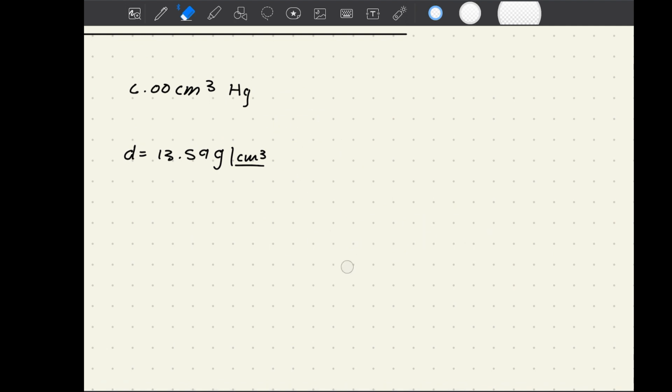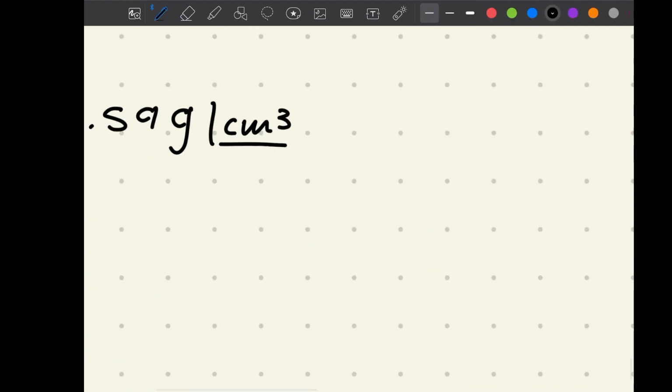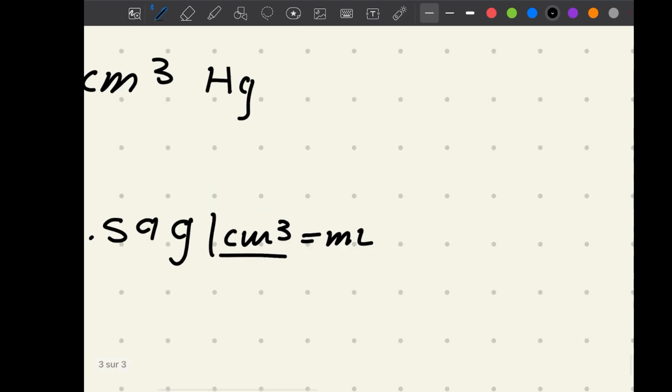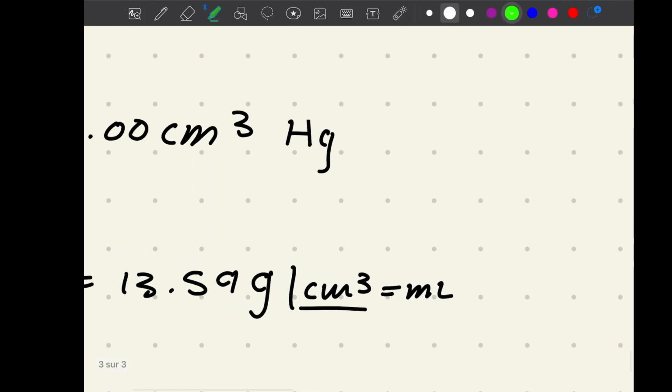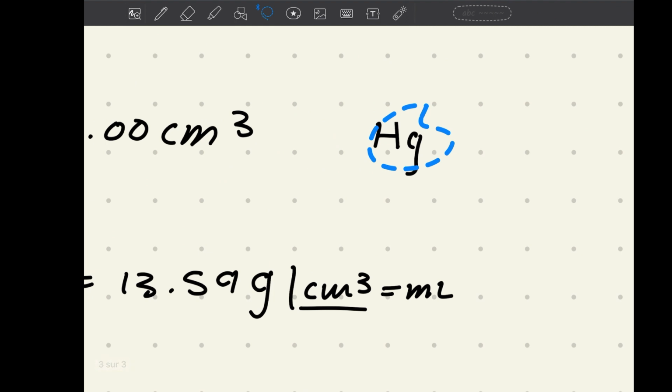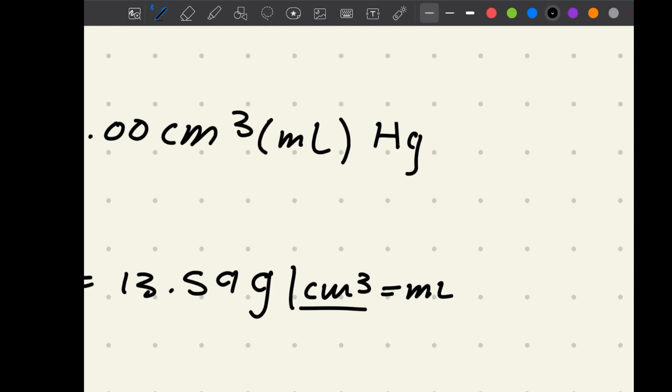So saying centimeters cubed is the same thing as saying milliliters, so we can just call this milliliters.